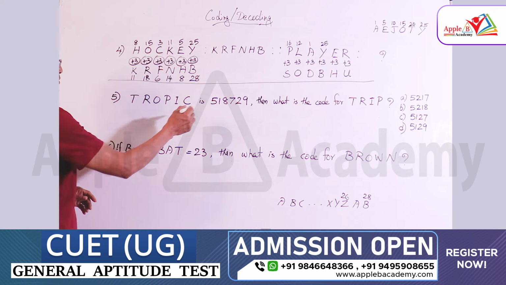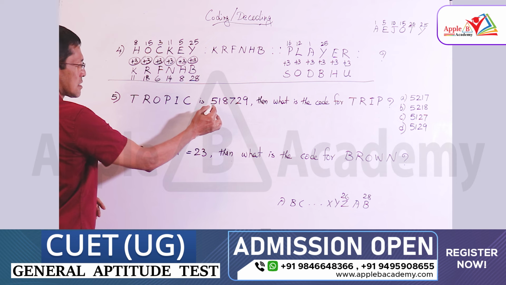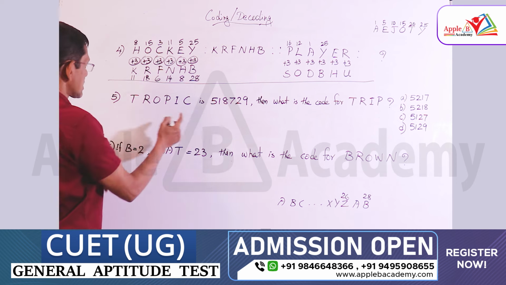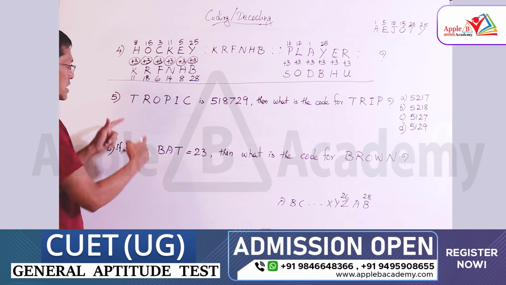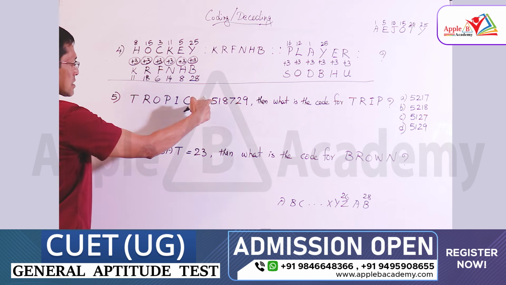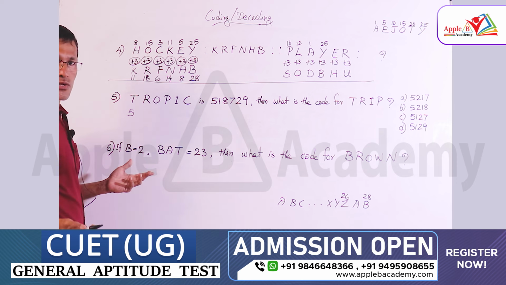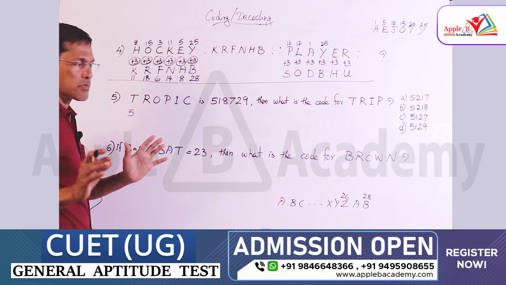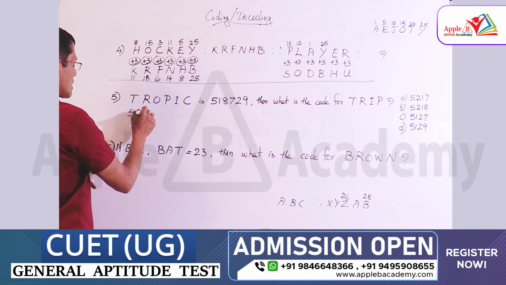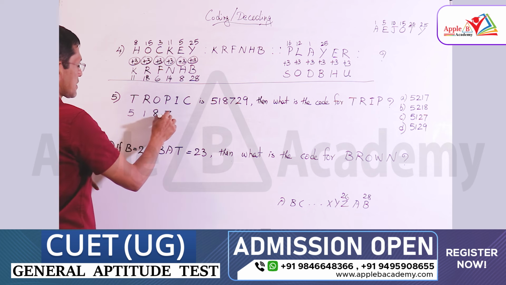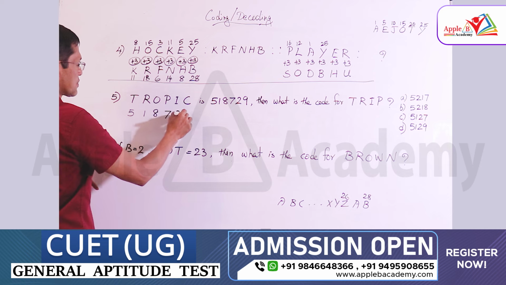So what do we do? How many digits are here in this number? 1, 2, 3, 4, 5, 6, right? So we have 6 letters. So each letter is coded as, well, T is coded as 5. There is no reason for that. It is just a random code: T is 5, R is 1, O is 8, P is 7, I is 2, and C is 9.